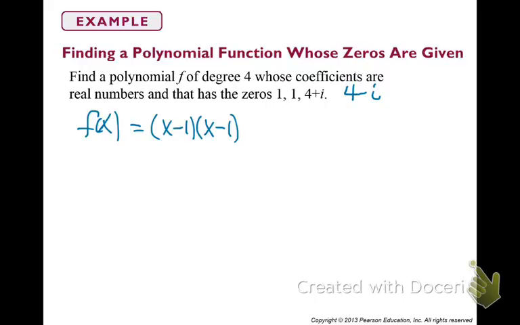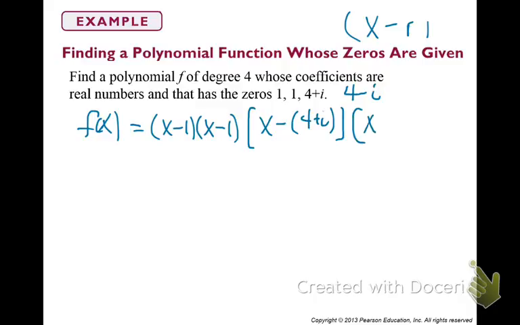That is going to be in the format of x minus your numbers. So I'm going to put a bracket, and we're going to start with x minus my 4 plus i, put it in parentheses. And then the conjugate, same thing: x minus the 4 minus i.